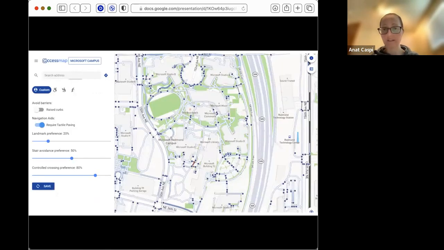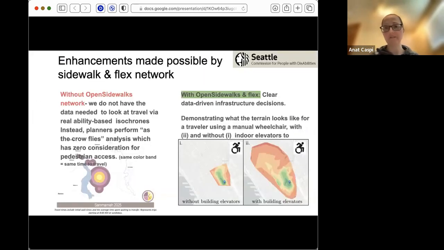And actually, that's what Seattle did. They put together a commission to work with building owners to improve access for people with disabilities. And this very image was used to advocate and show them this is the data, how limited one's reach might be when those elevators are not accessible.